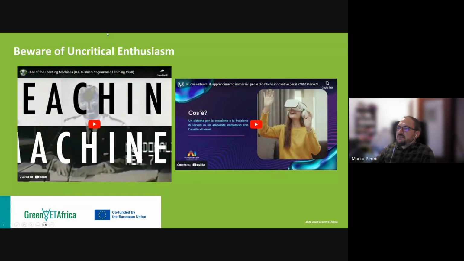And now I would like to show you the spot for the TV that they realized in the 60s, in order to understand how much enthusiasm there was about this old educational technology.